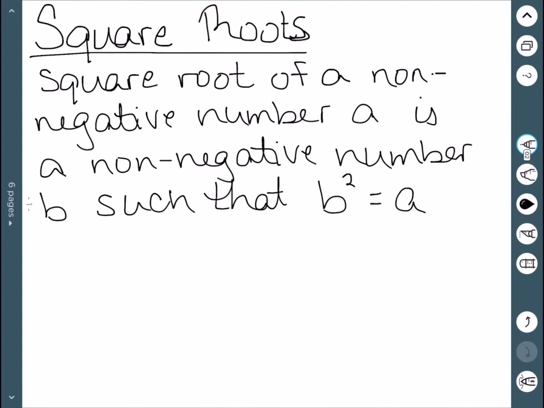And we represent this as the square root of a is equal to b.